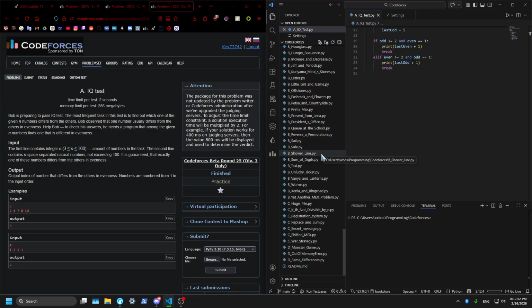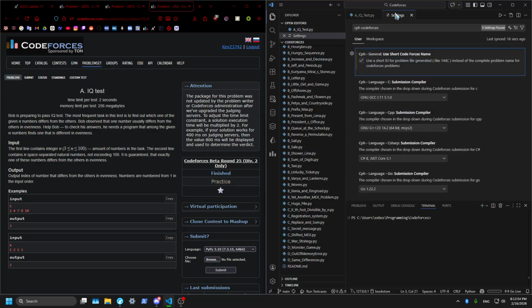A little bit annoying. I wish they would add an option in CPH where they allow a combination of the ID and the name of the problem together, but that's kind of up to them to add.